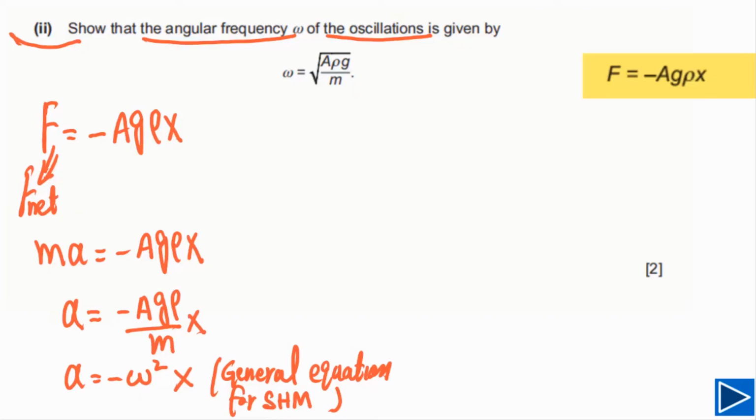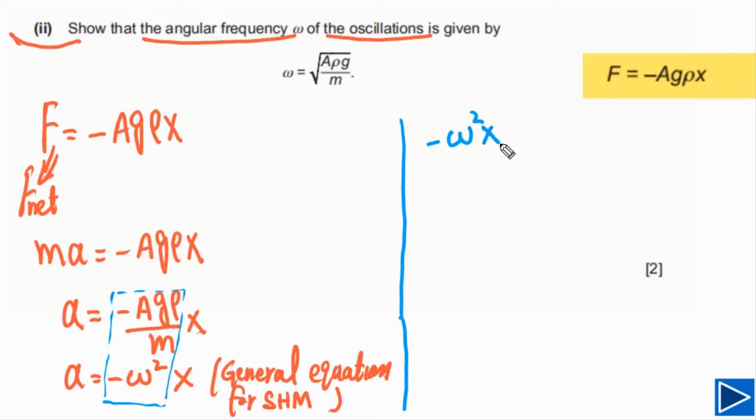But now if we compare these two equations, we can get value of omega. In this case, we have negative omega square X, which is equal to negative AG rho divided by M times X. X is common on both sides, we can cancel this.